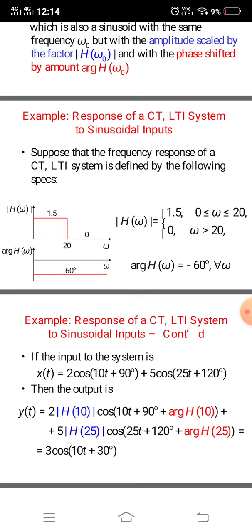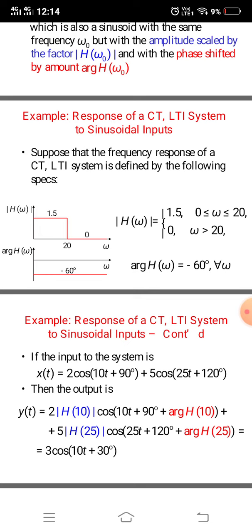In the problem, 0 to 20 has the value 1.5, so on top of that range you put 1.5. For omega greater than 20, the value is 0. So 1.5 and 0 are marked on the graph. This is the representative graph of the given problem.